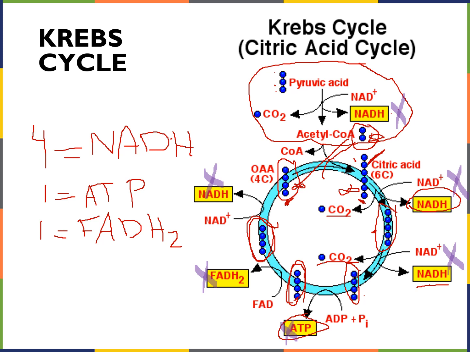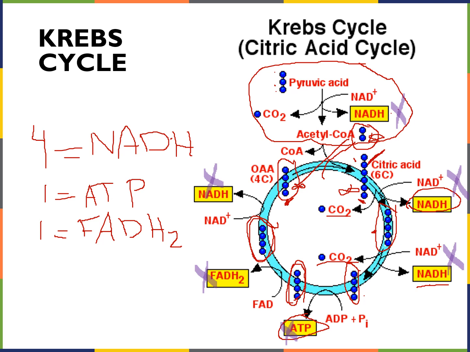However, remember from glycolysis, that molecule, fructose 1,6-bisphosphate, got cut in half. And I said that each half of the molecule became glyceraldehyde 3-phosphate. And so I said then to take all your numbers and multiply them by 2.